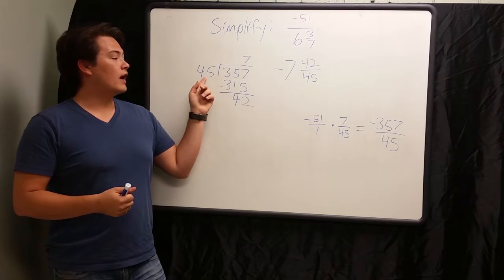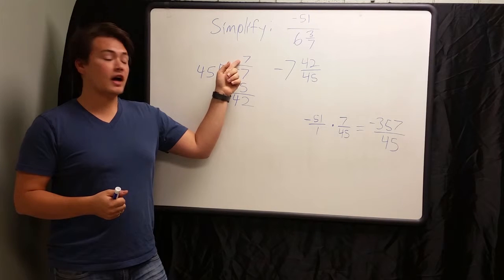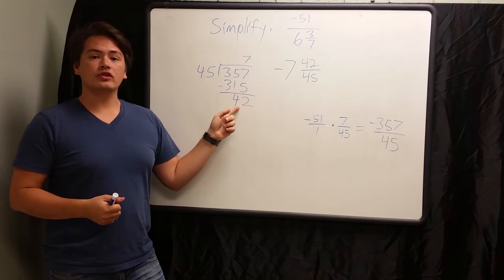So 45 can go into 357 about 7 times with a remainder of 42.